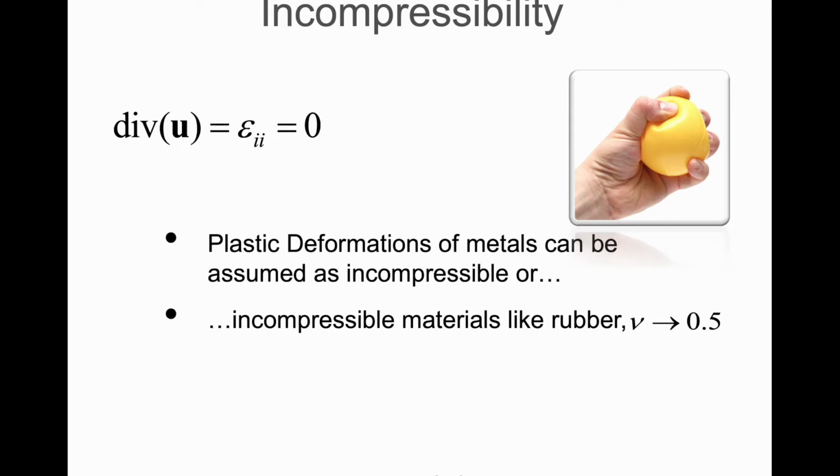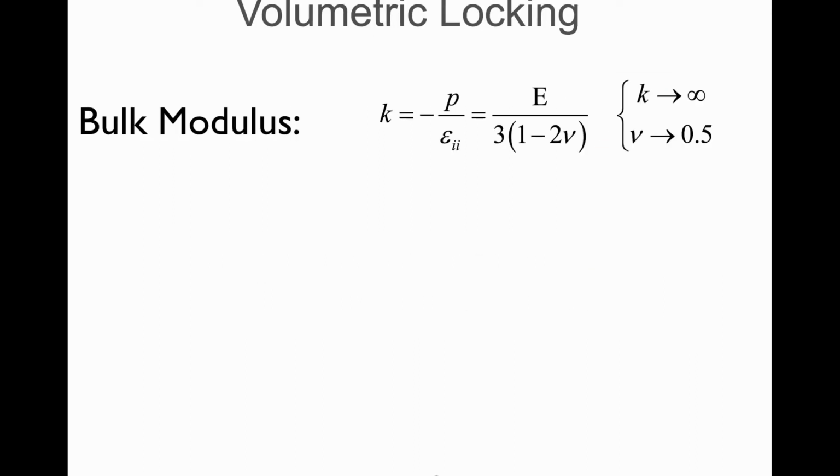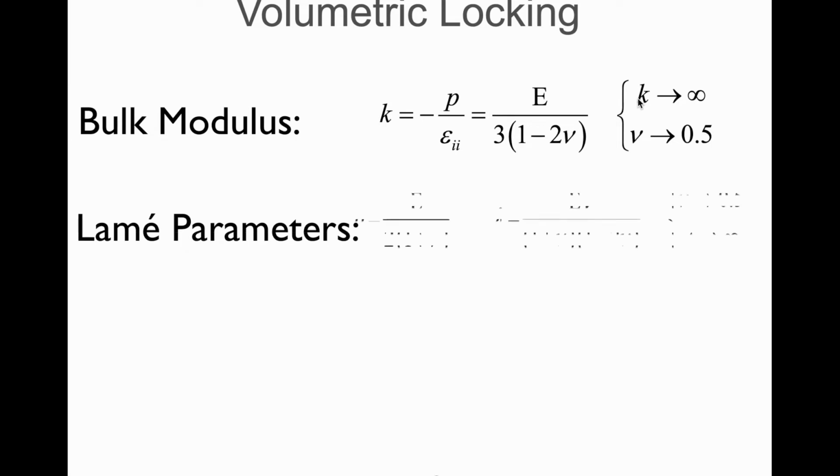If you think about the bulk modulus, that is basically the division between the hydrostatic pressure and the variation of the volume, what happens when this goes to 0, or in terms of Young modulus and Poisson coefficient, when the Poisson coefficient goes to 0.5, you have a 0 in the denominator. That means the bulk modulus will go to infinity.